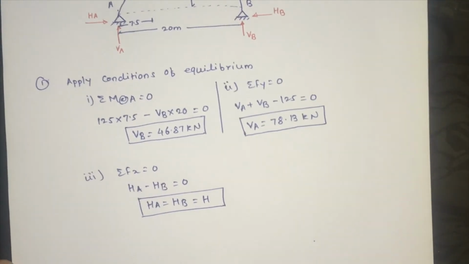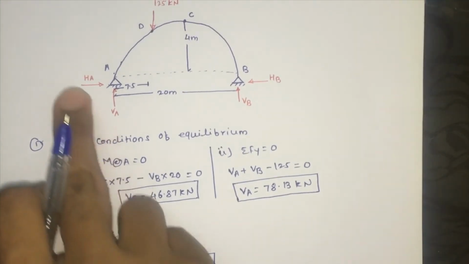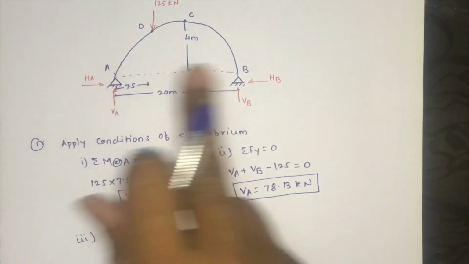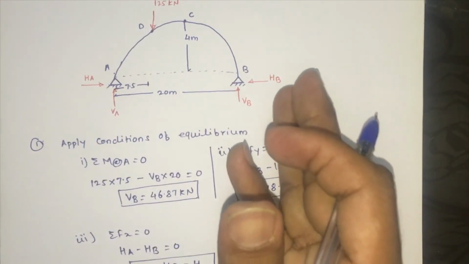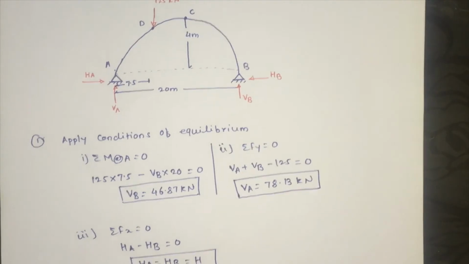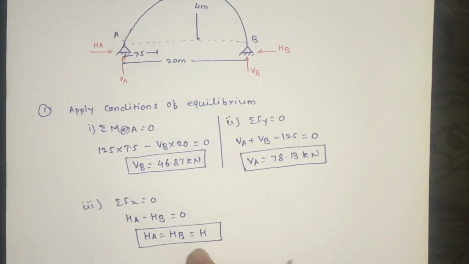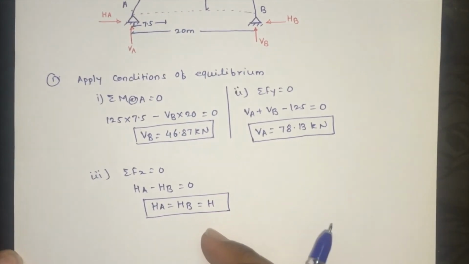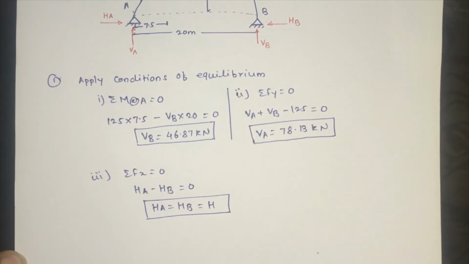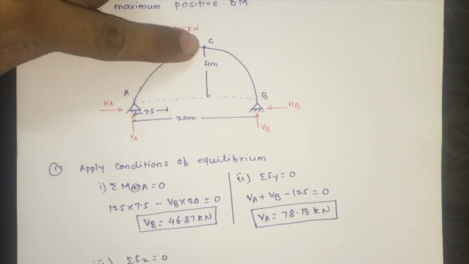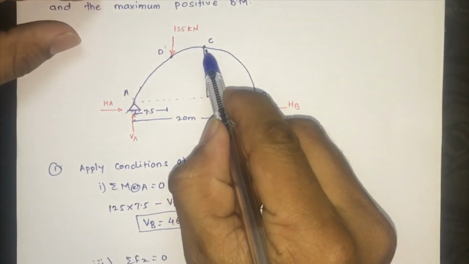Next, to find the value of H, that is this horizontal thrust, this H is nothing but the horizontal thrust. This HA is equal to HB, and I consider HA and HB is equal to H. To find this H, we take moment about this crown point C is equal to 0, because this C point is a hinge point.